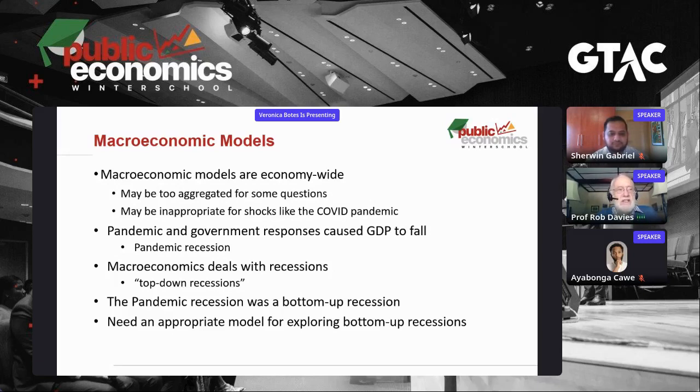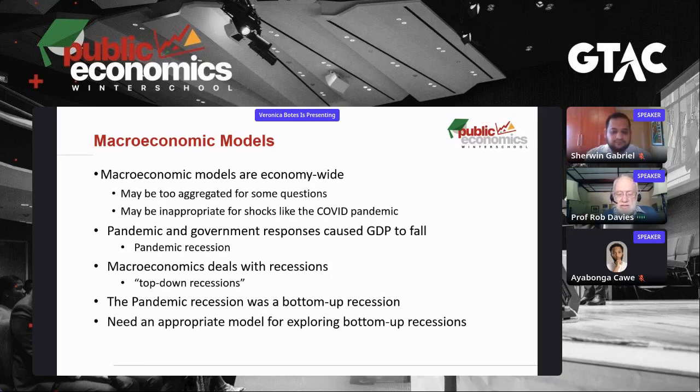If one thinks of the Great Depression in the 1930s, or more recently, the Great Recession of 2008 to 2010, they mostly started off in a particular sector or in the financial sector, and they took time to spread through to the real sector. The pandemic recession, the corona contraction, was not like that.